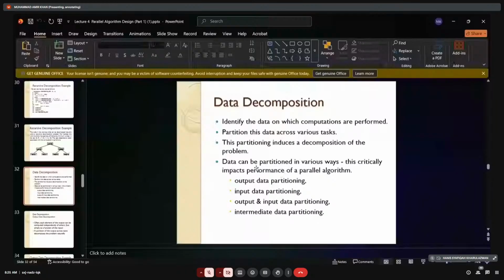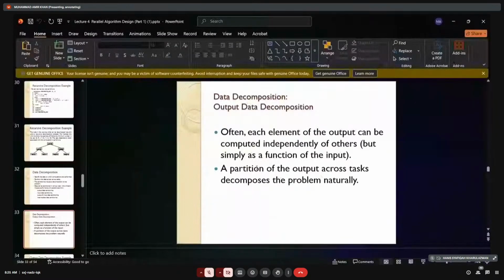This critically impacts the performance of a parallel algorithm, like output data partition, input data partition, output and input data partition, or intermediate data partition. How it works is like this. Often, each element of the output can be computed independently of others, simply as a function of the input. A partition of output across tasks decomposes the problem naturally.